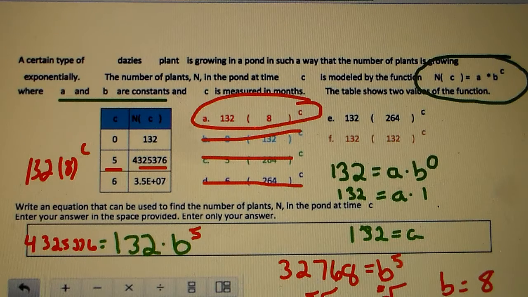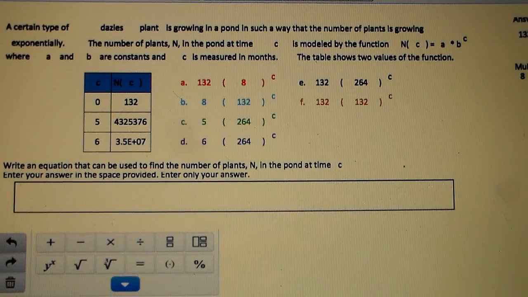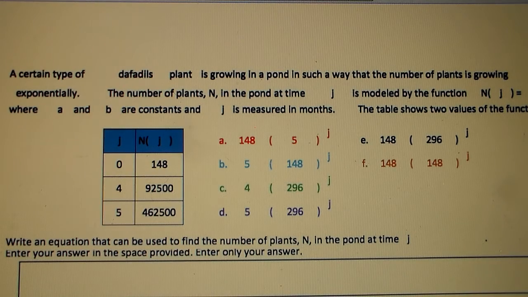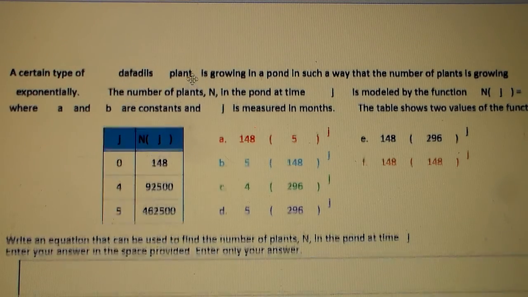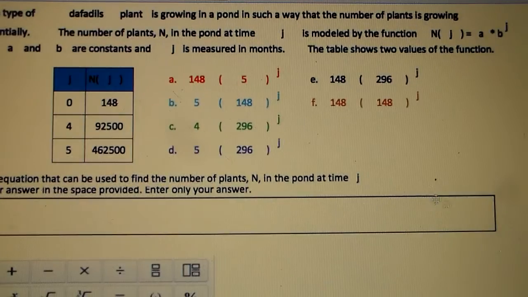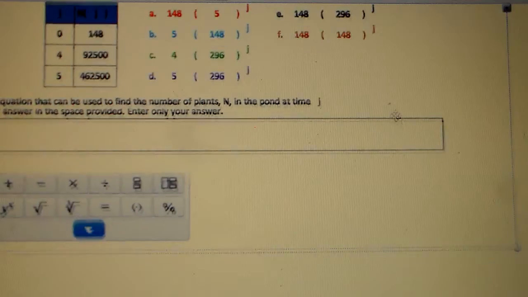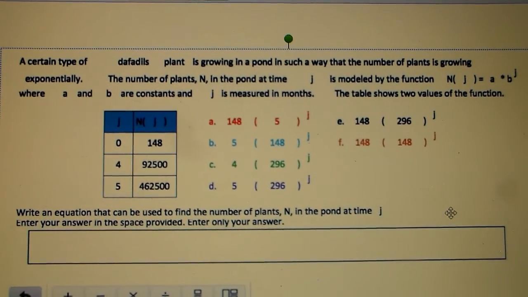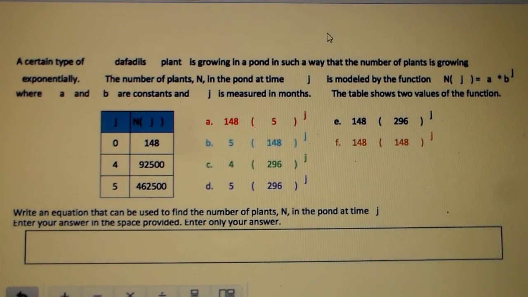Since we got time, let's do one more. Let's talk about daffodils. A certain type of daffodil plant is growing in a pond in such a way that the number of plants is growing exponentially. The number of plants n in a pond at time j is modeled by the function n of j equals a times b to the power of j.